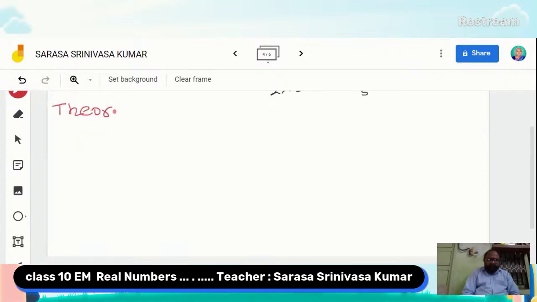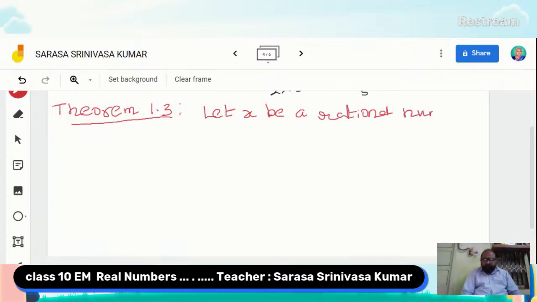Theorem 1.3: Let x be a rational number whose decimal expansion terminates.